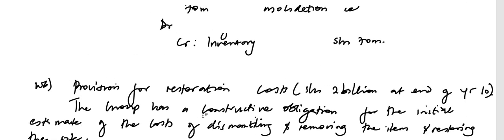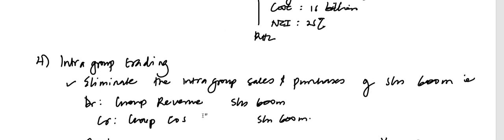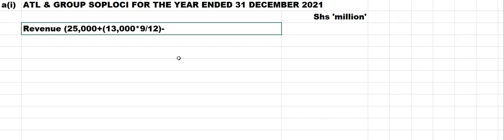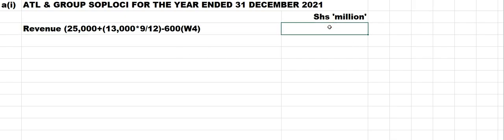That is working number 4. There is a 600 M to eliminate, okay, working 4. You have to clearly show your workings.